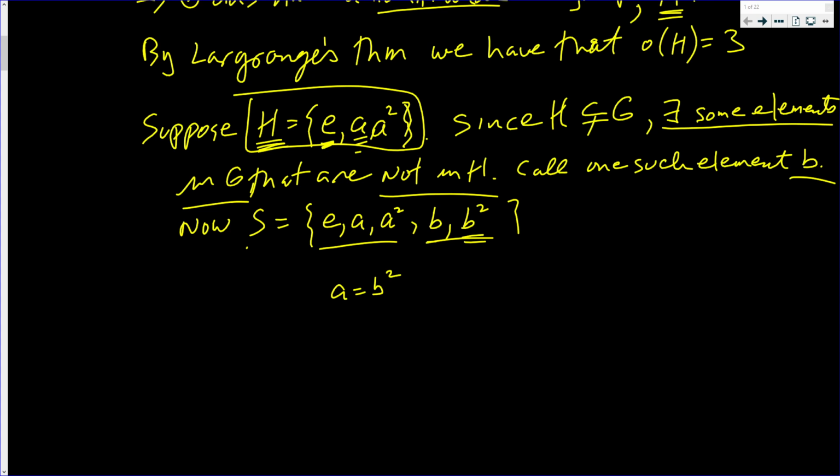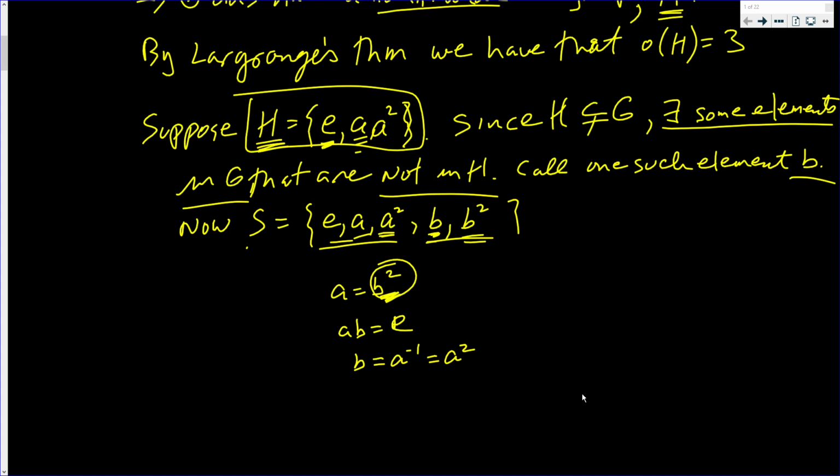And if I were to multiply both sides by B, this side will become B cubed, or E. And that means that B would be the inverse of A. But the inverse of A is A squared, and I picked B to be different from A squared.